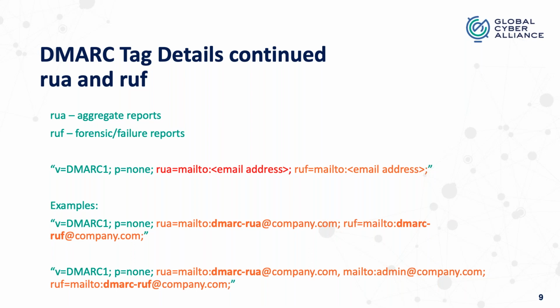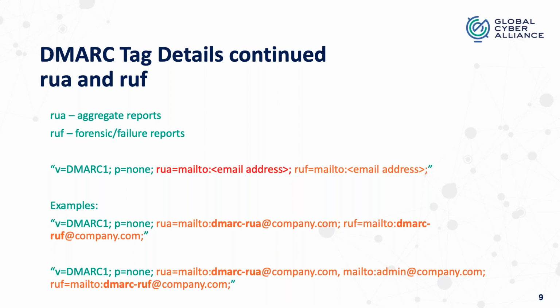Also, when you're separating out multiple email addresses, you don't use the RUA tag multiple times or the RUF tag multiple times. You only use the tag once. Like in SPF, you were able to use include multiple times or the A tag multiple times. That's not how it works with DMARC. You can only use the tag once. So how do you put in the email addresses?